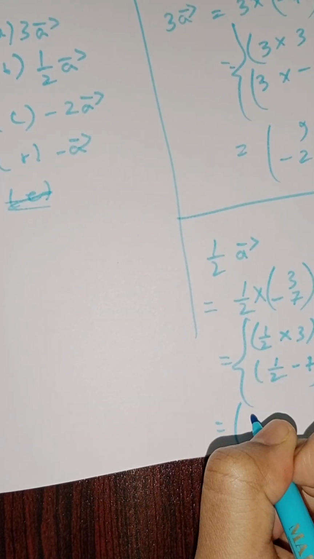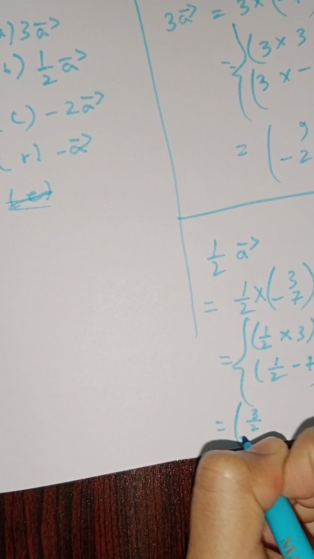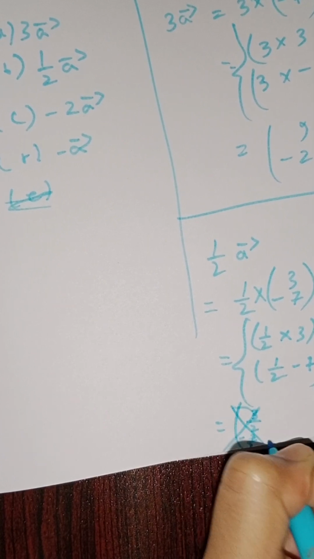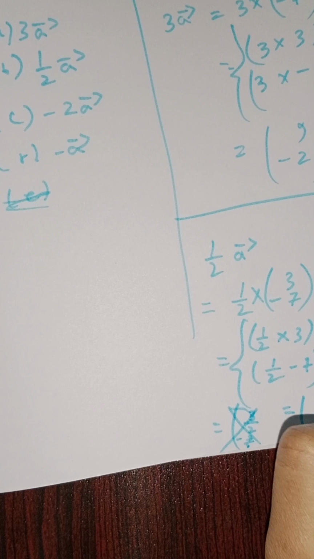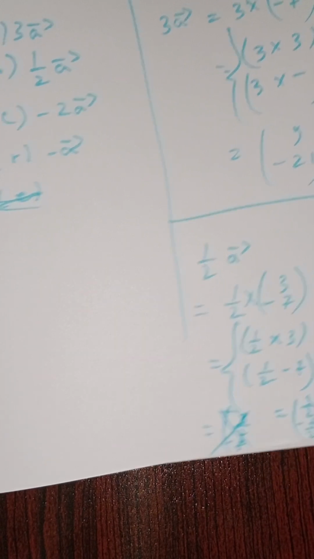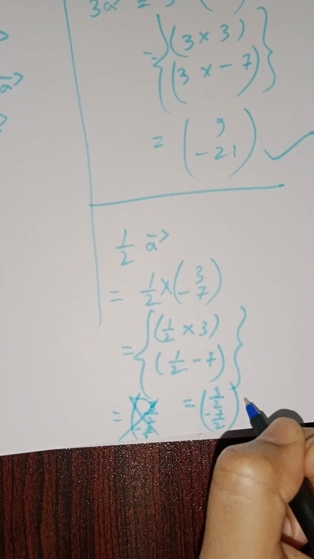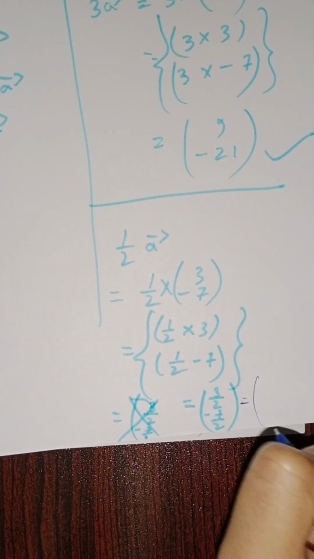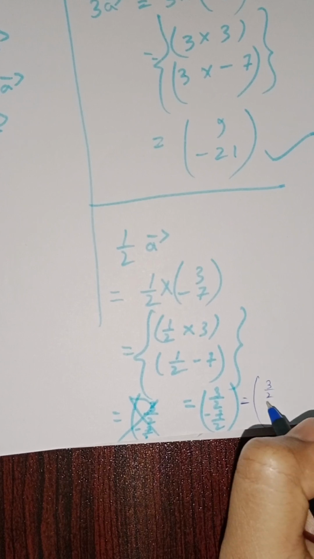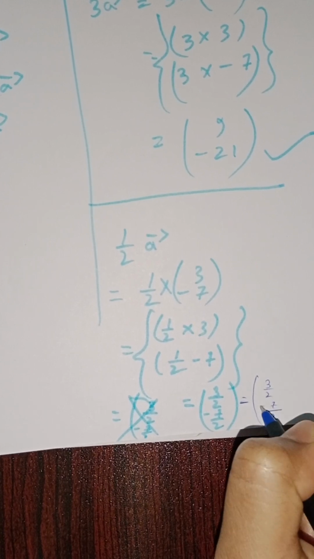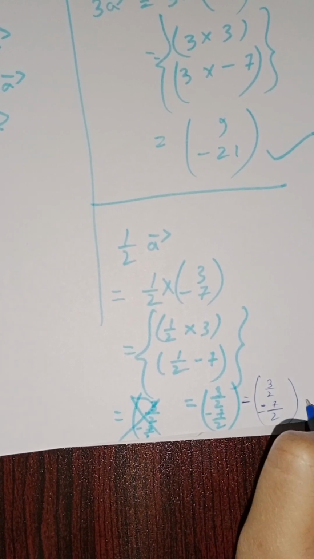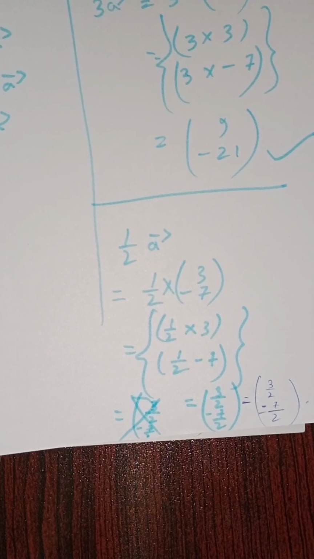Of course, it will be 3 by 2 minus 7. Let me write it here clearly. 3 by 2 minus 7 by 2. If you want to write this in pen, 3 by 2 minus 7 by 2. This is the correct answer.